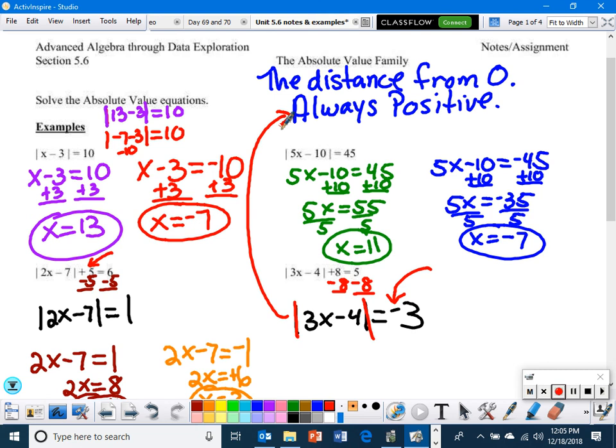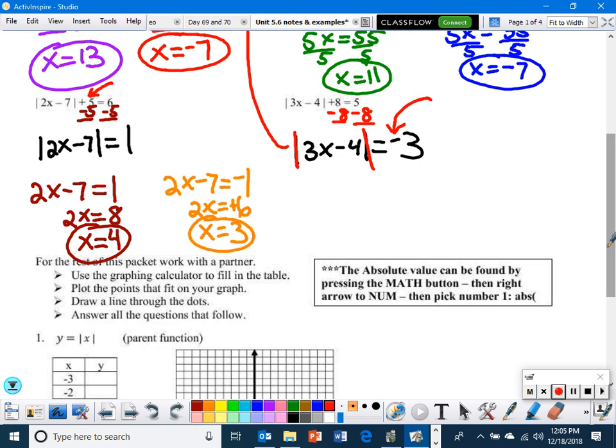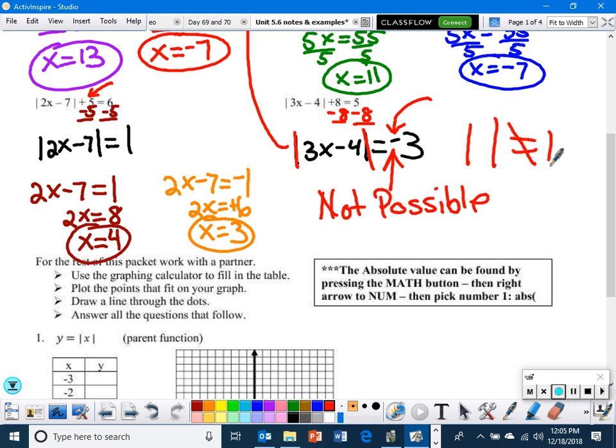It can't. It must equal a positive. So we're done. This one does not have an answer. Again, the absolute value cannot equal a negative. Therefore, it's not possible.